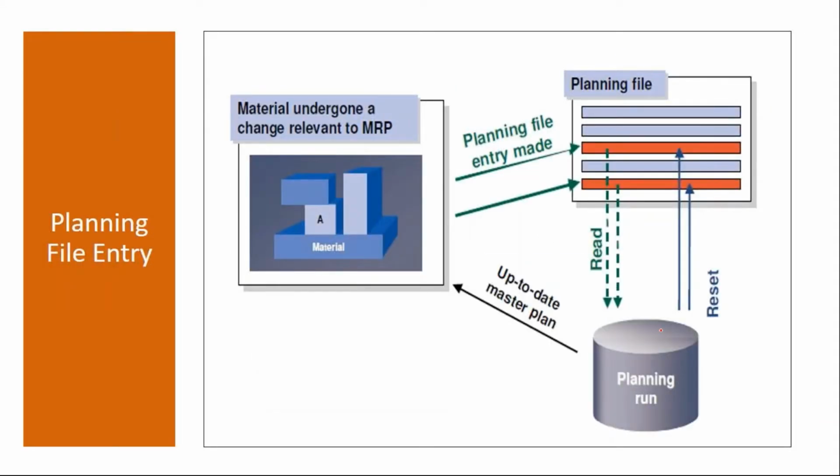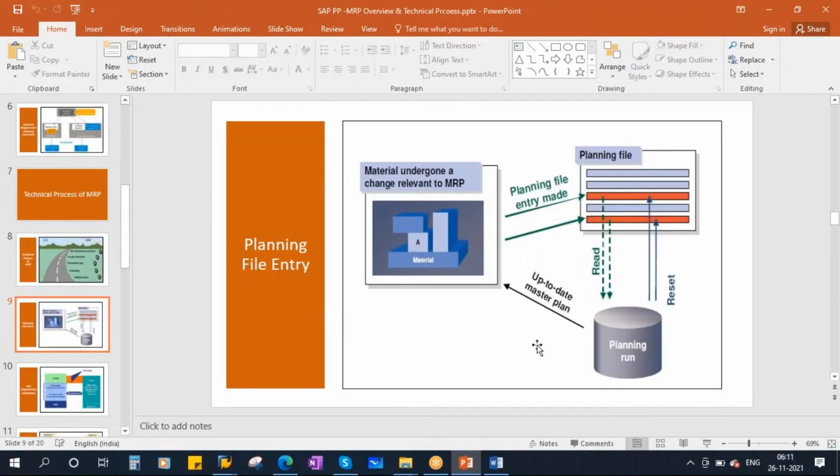Whenever you run MRP, the system will check whether that material has undergone any change after the previous MRP run. If that material has undergone any change after the previous MRP run, it will be assigned a planning file entry. According to that, only those materials will be planned in the normal MRP. I'll tell you what exactly a planning file entry is.